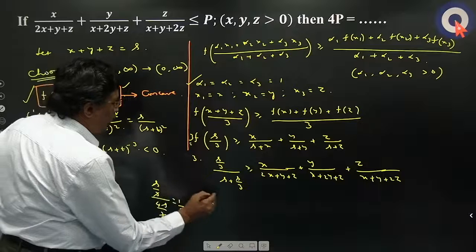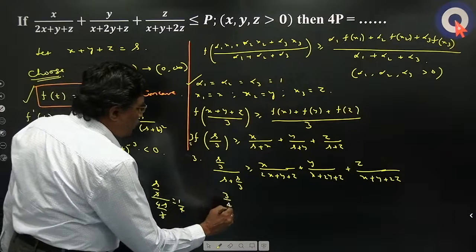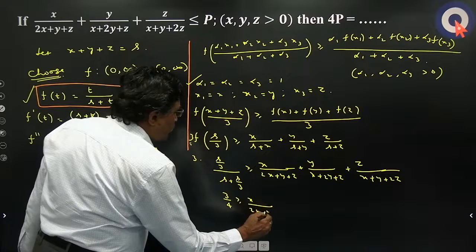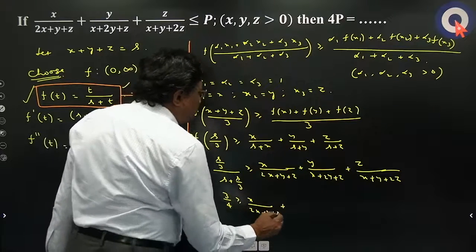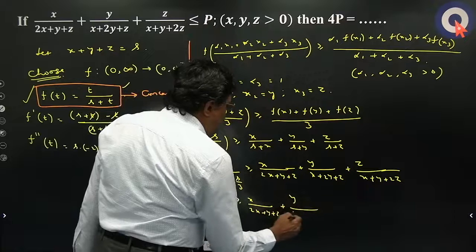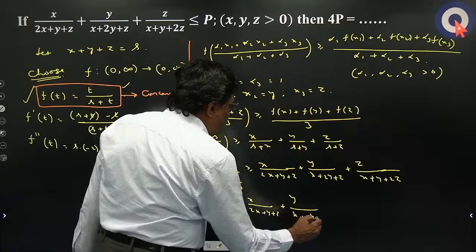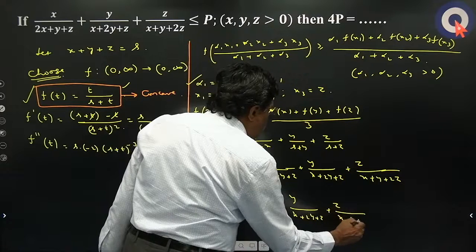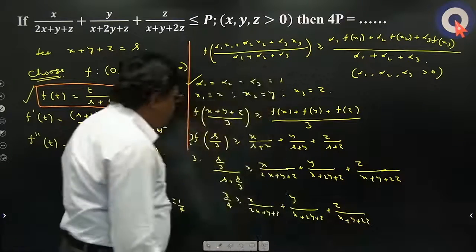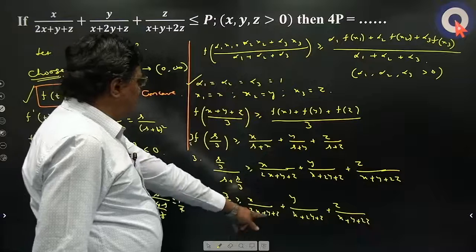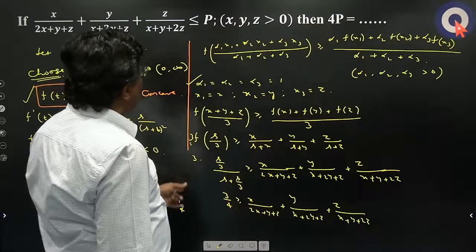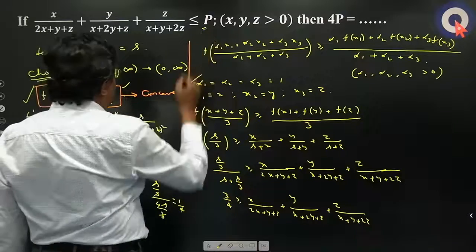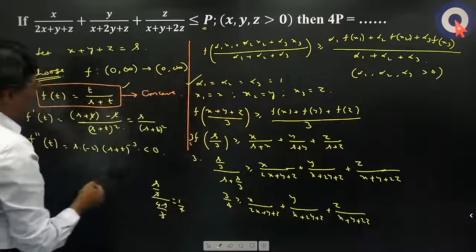So 3 into 1 by 4, that is 3 by 4, is greater than or equal to x by (2x plus y plus z) plus y by (x plus 2y plus z) plus z by (x plus y plus 2z). So this is less than or equal to 3 by 4. The maximum value is 3 by 4, so p is 3 by 4. That's only to get one integer there.